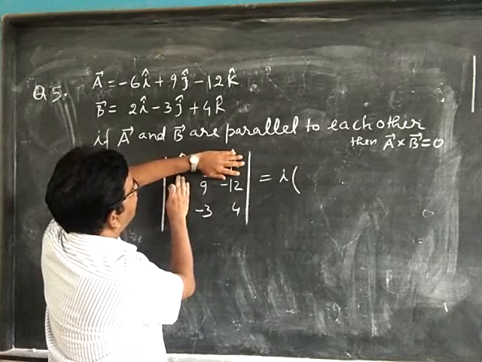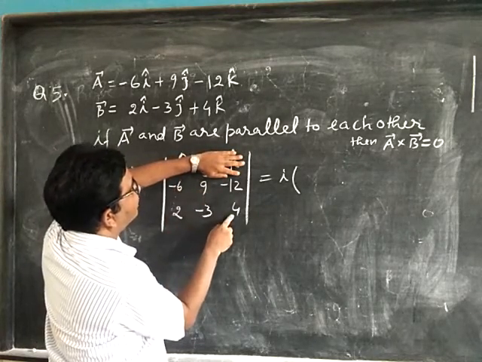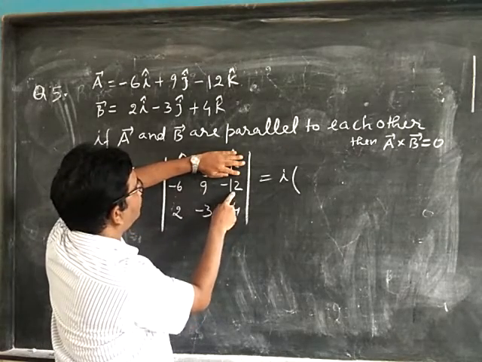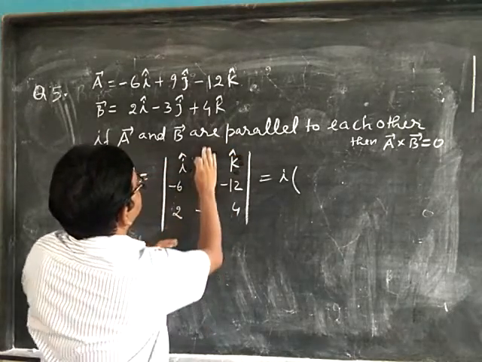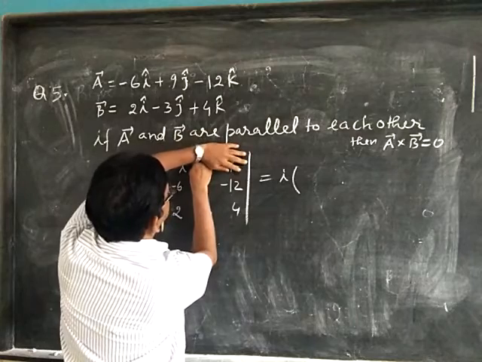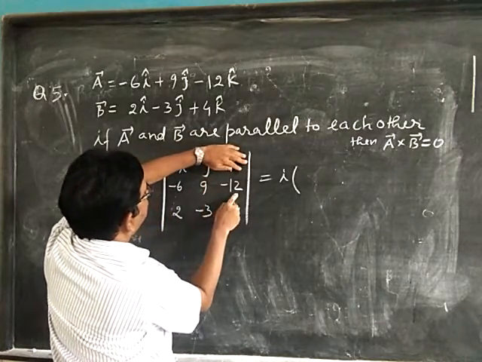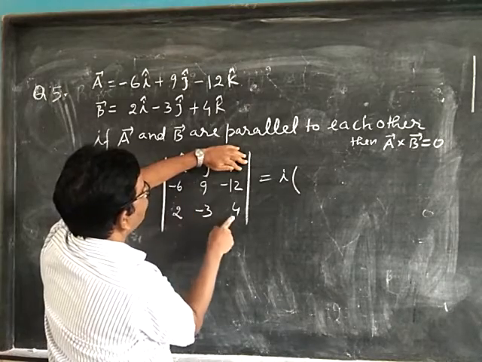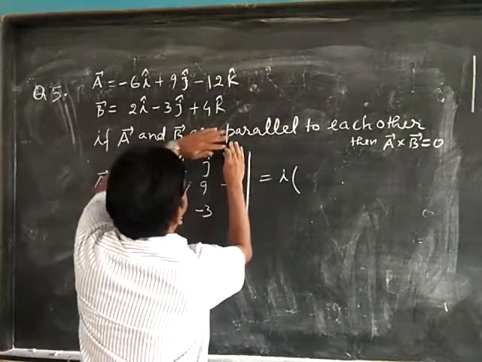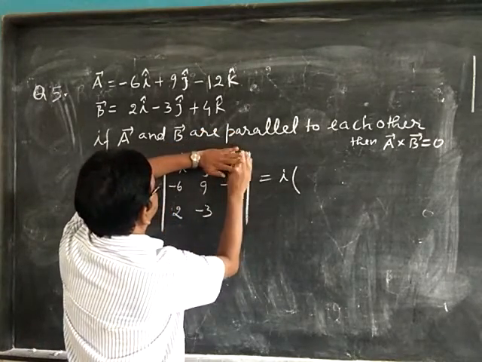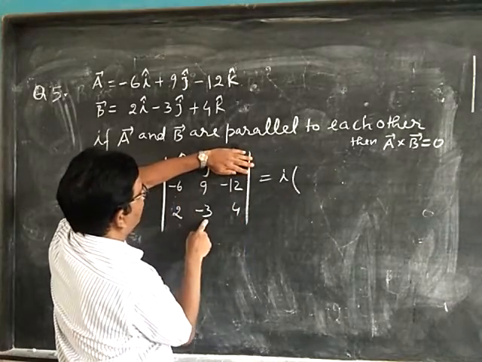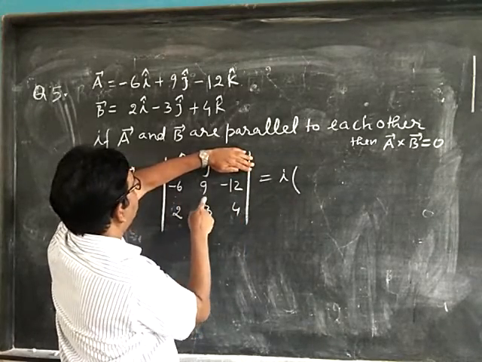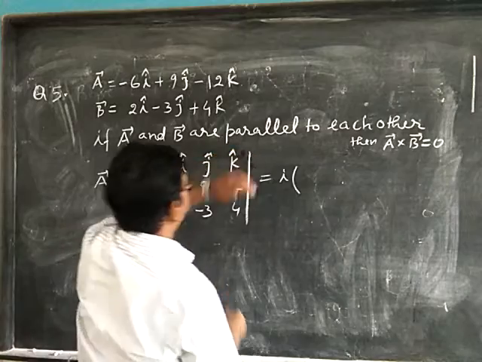Now we will multiply 9 into 4 minus 12 into minus 3. For j, cover this column and multiply minus 12 into 2 minus 6 into 4. For k, cover this column and this row. We will multiply minus 6 into minus 3 and 9 into 2.